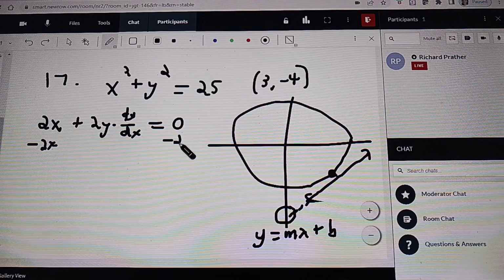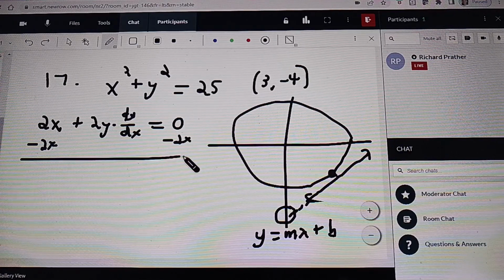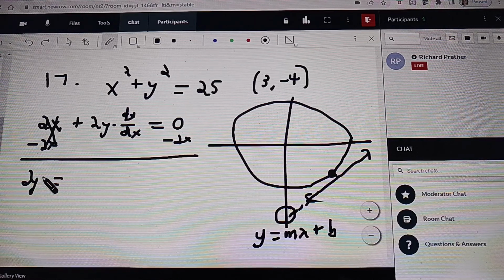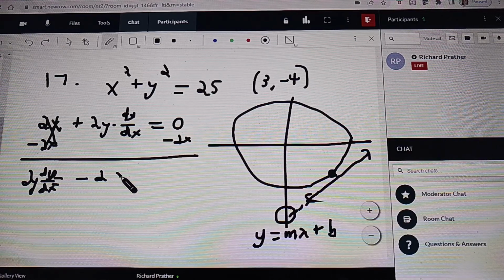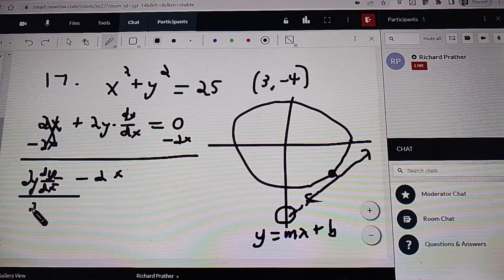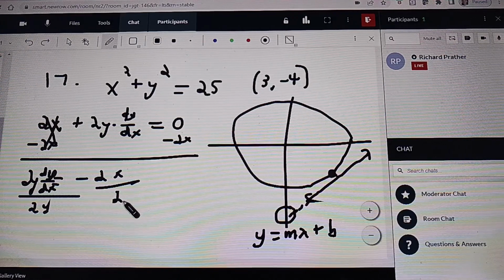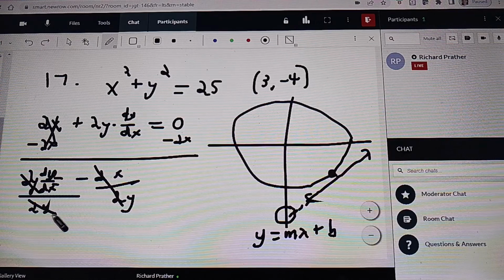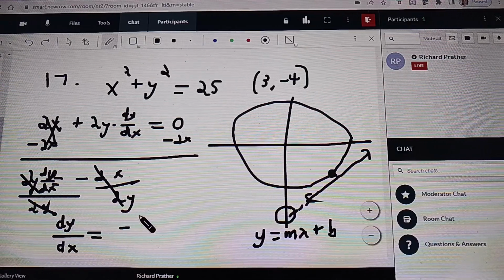This time I am going to minus the 2x because the y is already positive. 2y dy over dx equals negative 2x. Divide by 2y. And the 2's can even cancel. So 2y's cancel, and we got dy over dx left. The derivative of y with respect to x is negative x over y.